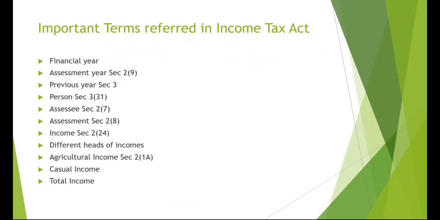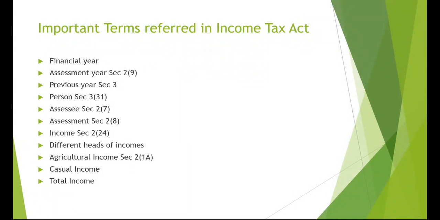So such income is called casual income. The examples for casual income may be income from lottery, or income from betting. That means the earning of income is because of taking a chance here. So that's why it is called casual income.